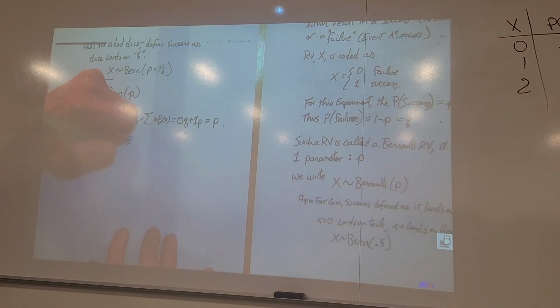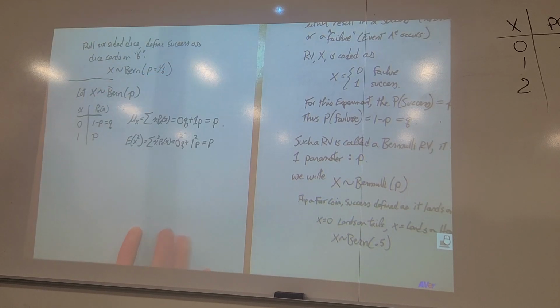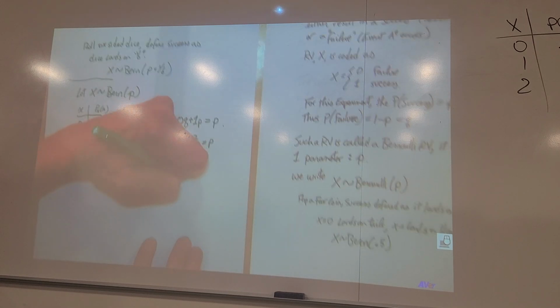The expected value of x squared is the sum of the x squareds times its weight, but trivially it's just a 0 or a 1, so 0 squared times q plus 1 squared times p, which is p. So the variance of this is the expected value of x squared minus the mean of x squared. There's that shortcut form right there, p minus p squared, right? Which is p times 1 minus p, which is p times q.